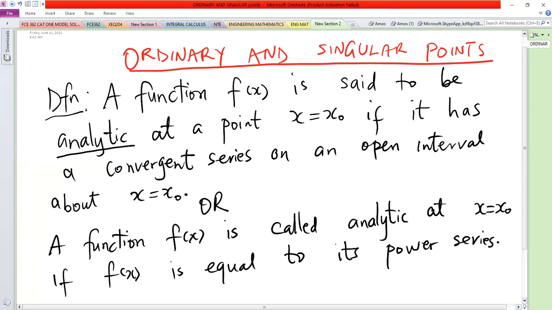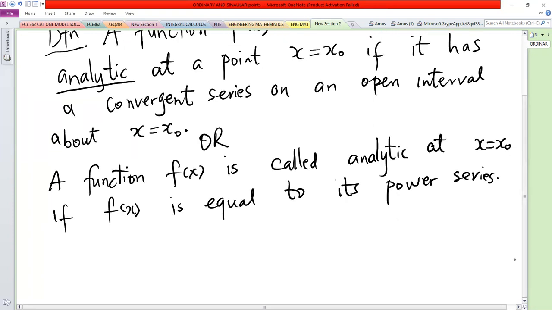Remember, at all analytic points of a function, the function can be differentiated at those points. So therefore now let's start by defining what we mean by an ordinary point and a singular point.